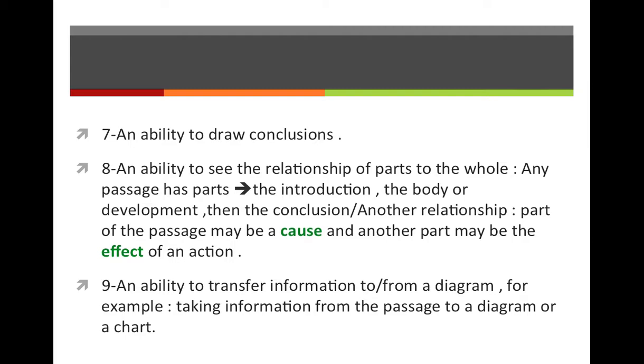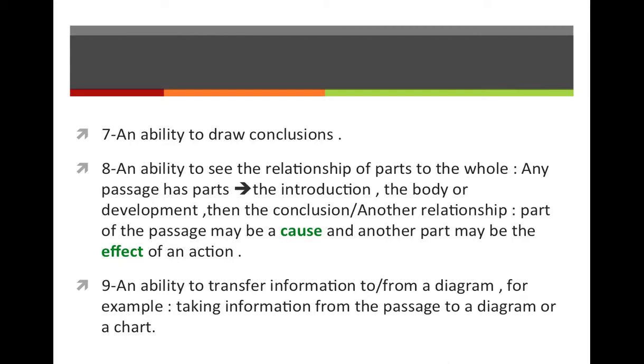The final part is where you draw conclusions or the results, the ultimate results. So sometimes in comprehension exams, you are asked to read the passage, then to give conclusions.